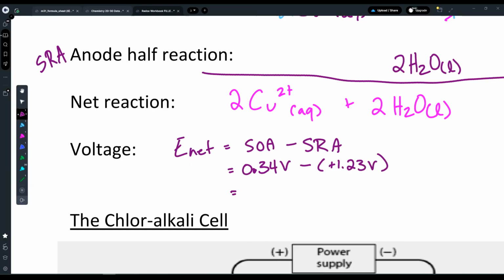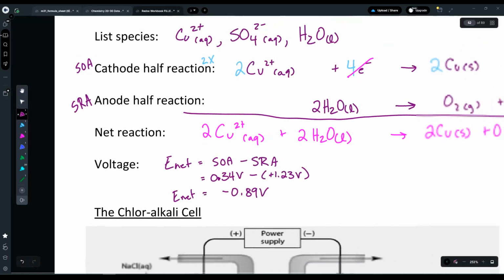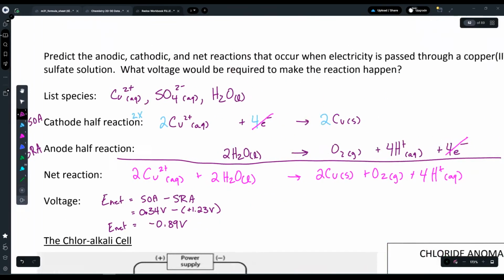Okay, so 0.34 minus 1.23 is going to give us negative 0.89 volts. Okay, so it's going to take 0.89 volts in order to force this reaction to happen.